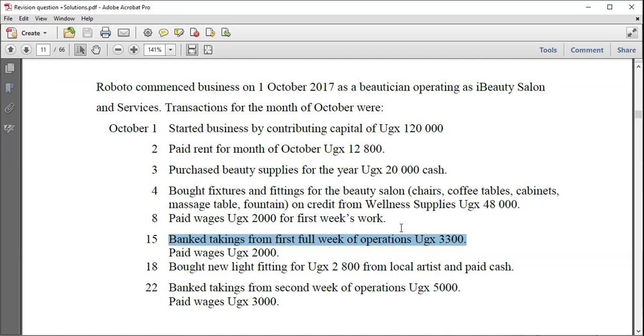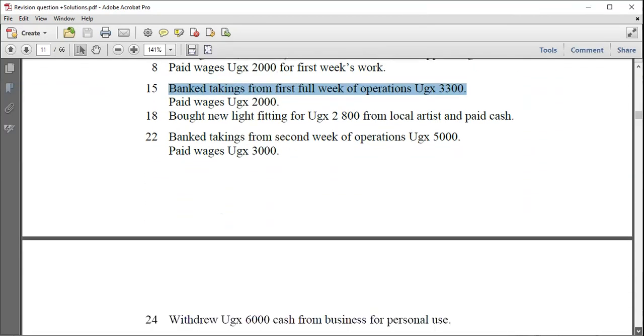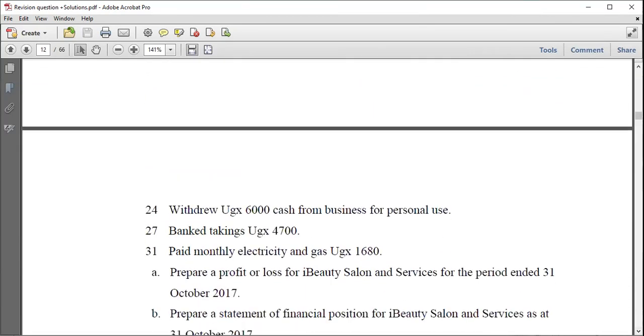Here we're going to first do the transaction reflecting cash coming in, and then remove that cash from the cash account and transfer it to the bank account. So it's very important for us to pick that.